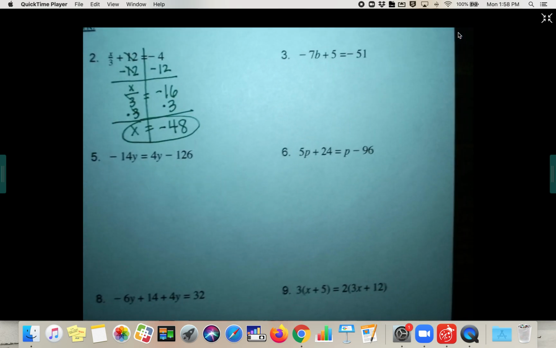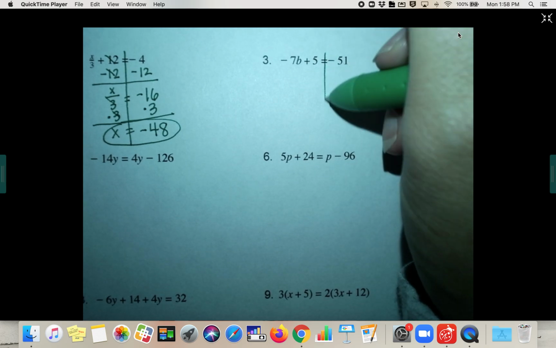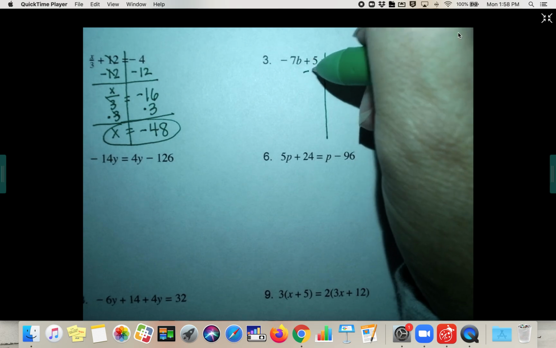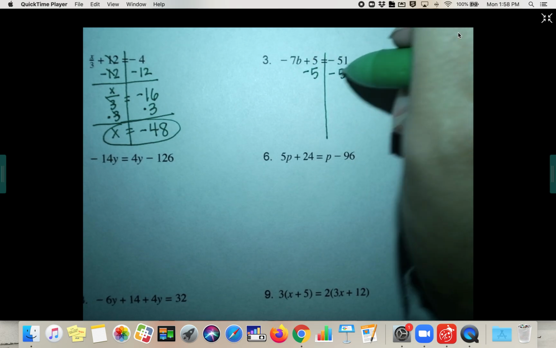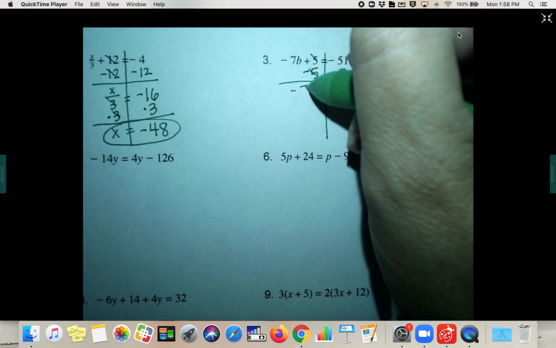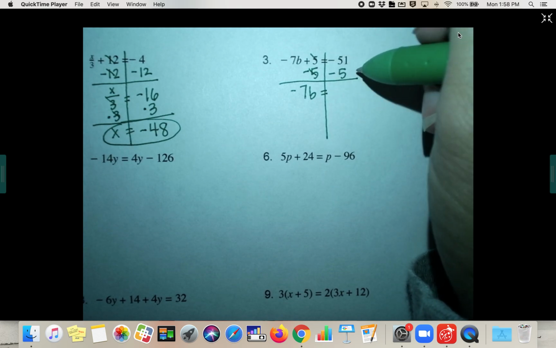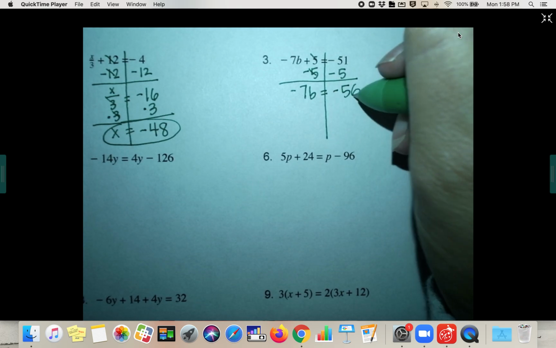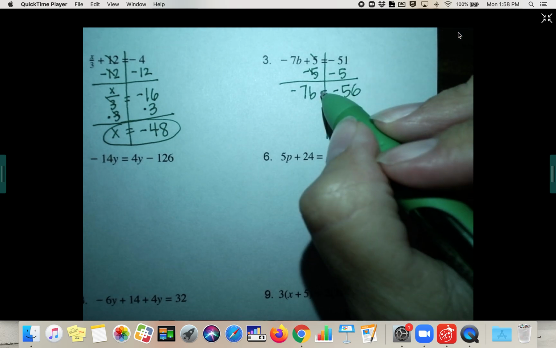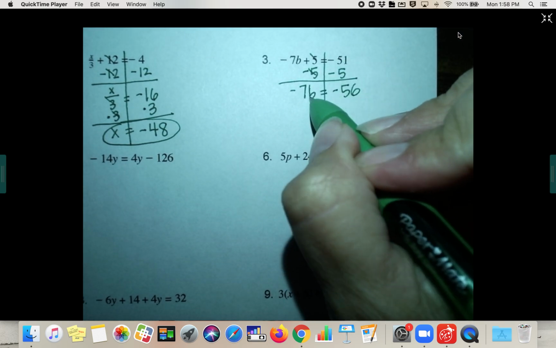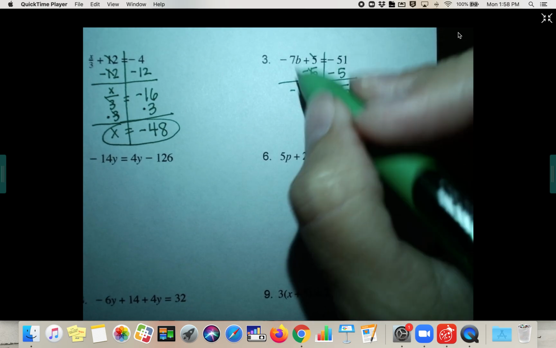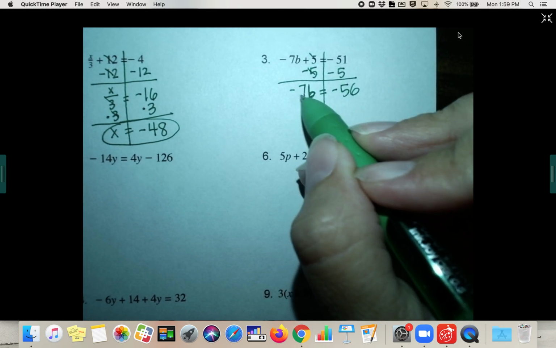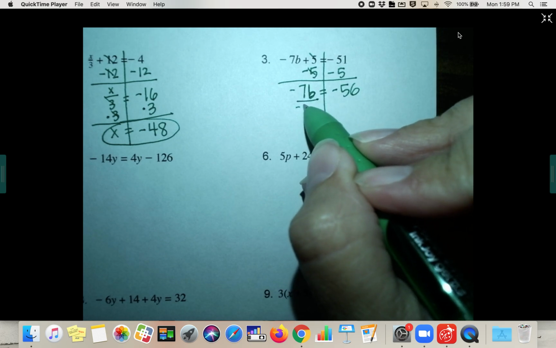All right, number 3. Keep the negative 7 with the b for now, and let's get rid of plus 5 by doing minus 5. Bring down negative 7b. Remember, negative 51 minus 5 is a greater negative, so that is negative 56. I just realized my b looks like a 6, so be careful there. Last step, look at your variable. If it's a negative 7 next to it, you're dividing by a negative 7.